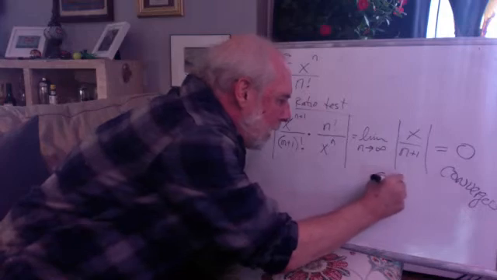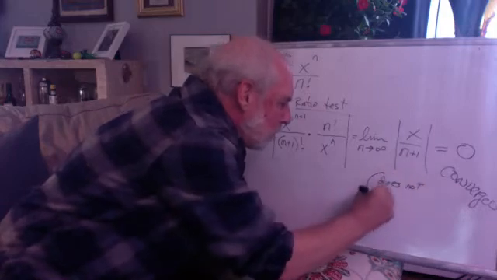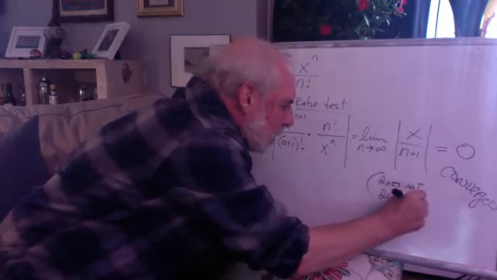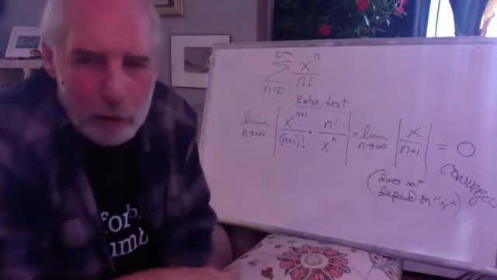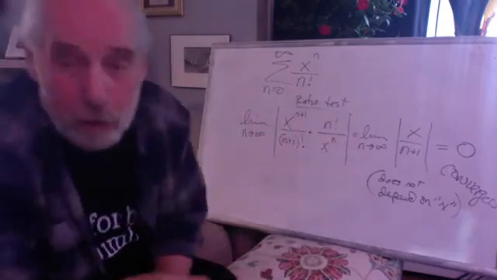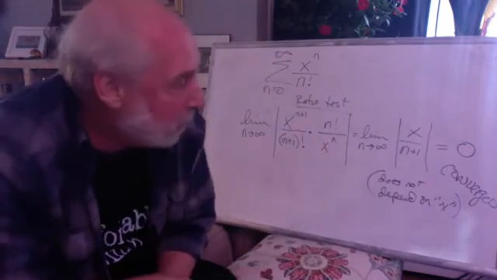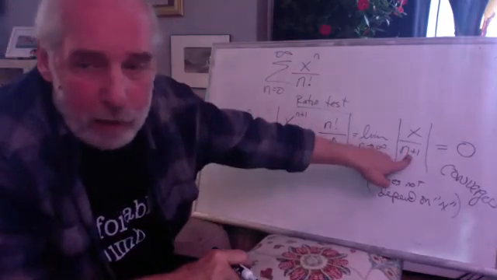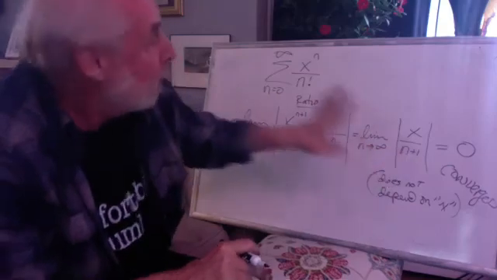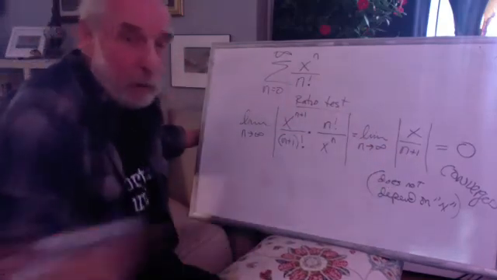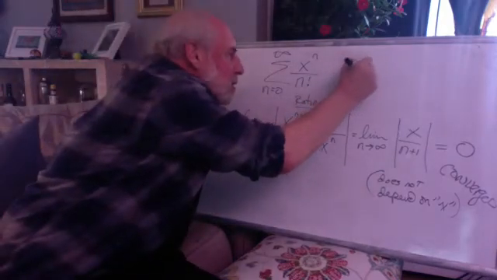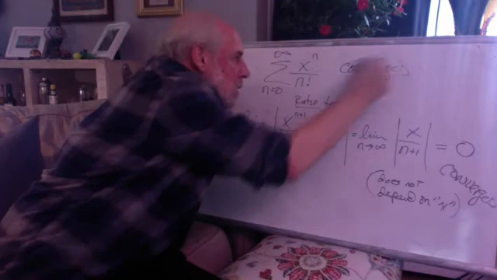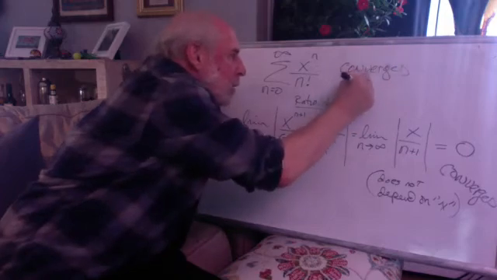It does not depend. Doesn't matter what value of x you have, that's going to converge. X could be a trillion, still going to converge because the denominator is going to infinity. So this series, because of that, we're done. There's no endpoints. This series converges everywhere.